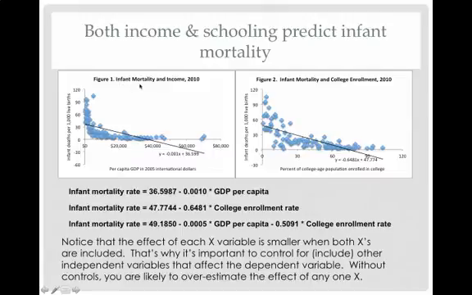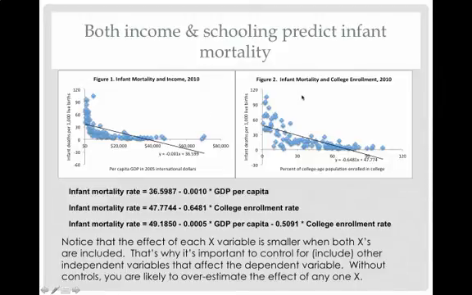So figure 1 is infant mortality and income in 2010. And I have infant deaths per 1,000 live births on this axis. And then I have a bunch of scatter plots going along the GDP per capita. So you can see anyway that the more income, the lower the infant deaths, the lower the infant mortality.